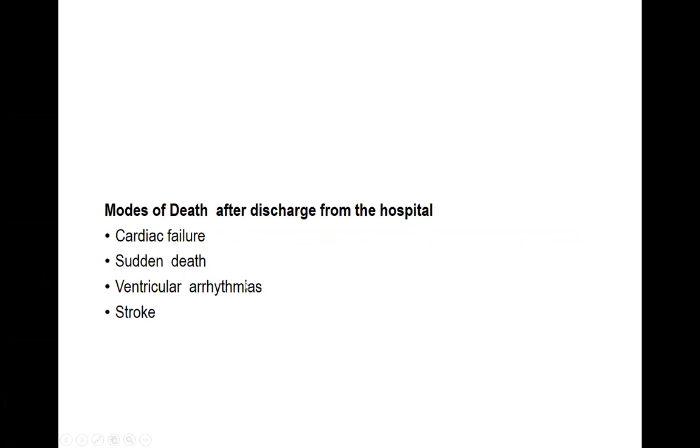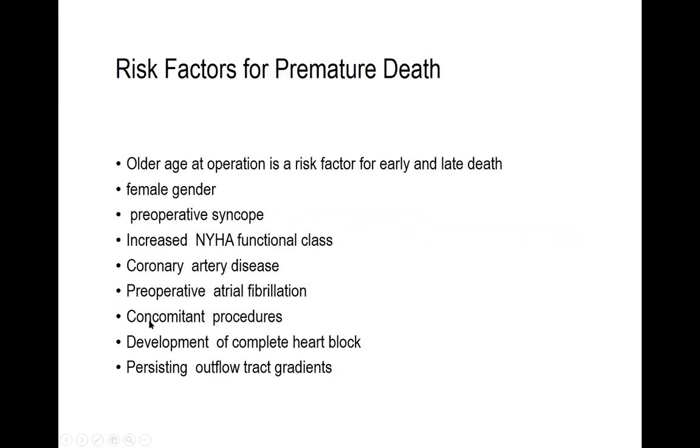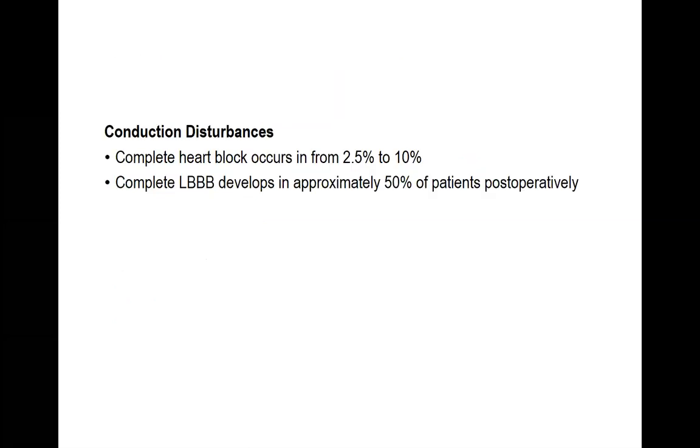Cardiac failure, sudden cardiac death, ventricular arrhythmias, and stroke. Risk factors for premature death: older age at operation, a risk factor for early and late death, female gender, preoperative syncope, increased left atrial size, coronary artery disease, preoperative atrial fibrillation, concomitant procedure, developing heart block, and pre-existent outflow tract gradient.